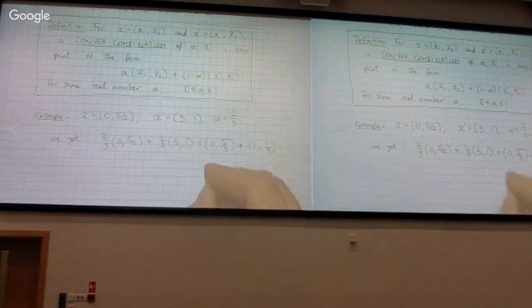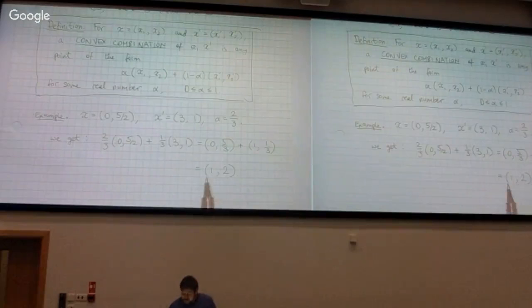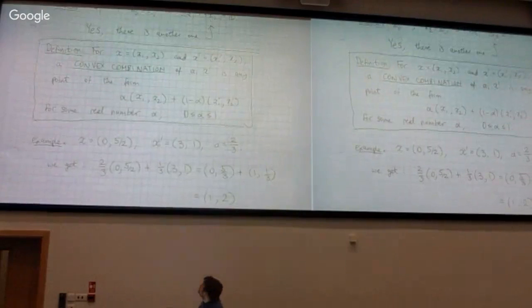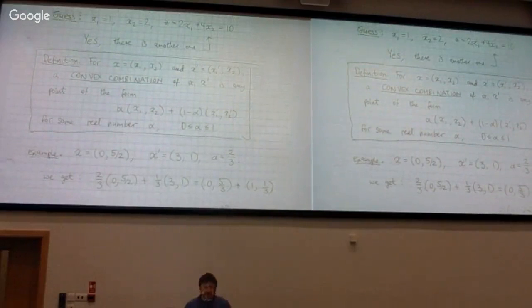So when we add them component-wise, we get 1 and 6/3, so that's 2. So x1, the first coordinate of this vector, is 1 and the second is 2. Okay, so that looks suspiciously like the guess. But that was just random because I selected 2/3 completely.